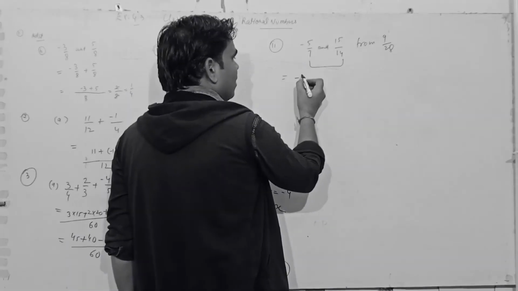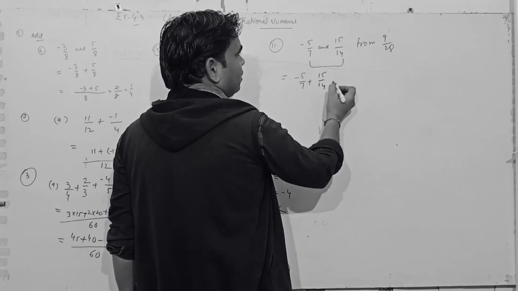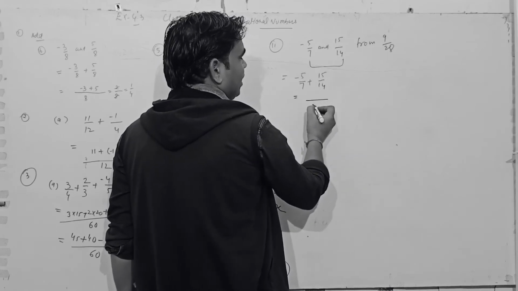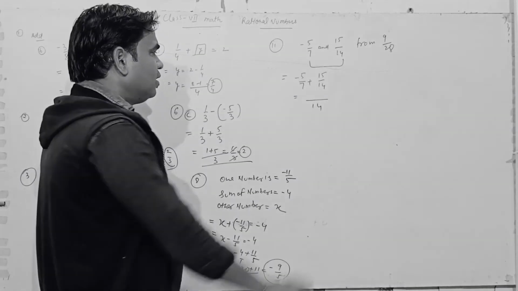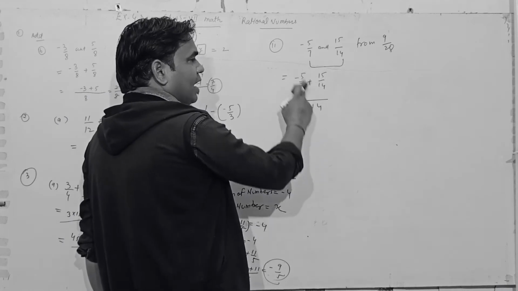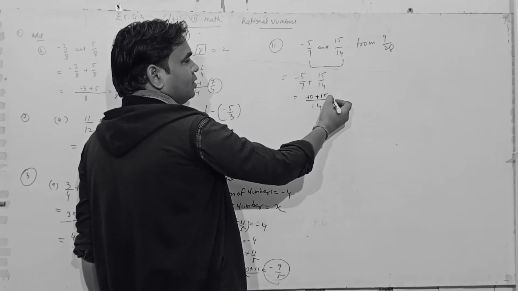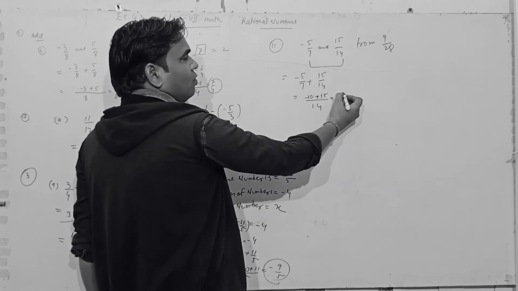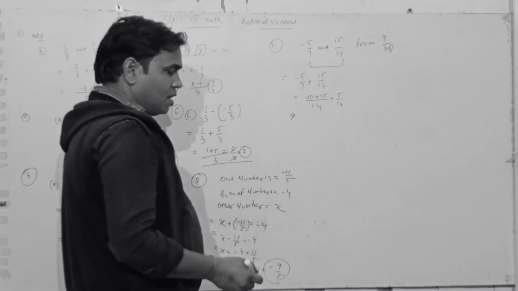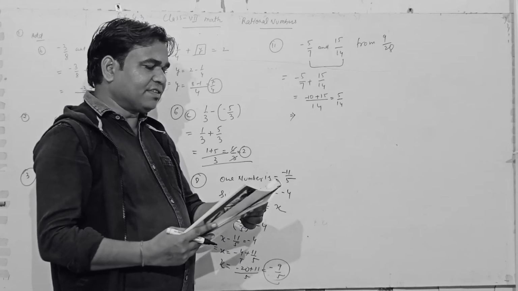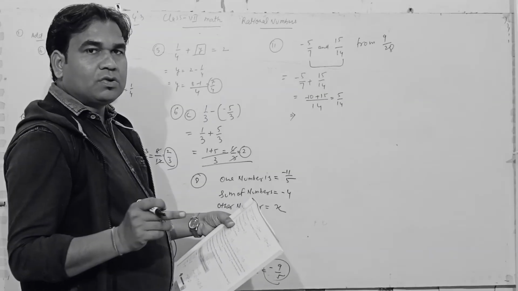So sum of two numbers, minus 5 over 7 plus 15 over 14. So here you see we can take LCM 14. After taking LCM 14, you can see minus 10 plus 15, so 5 over 14 is the sum of these numbers, and here we subtract the sum of these numbers from 9 over 28.